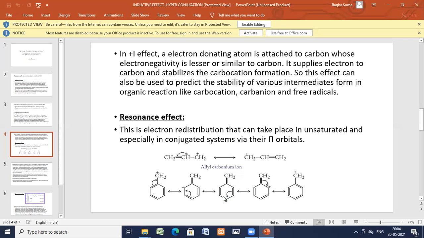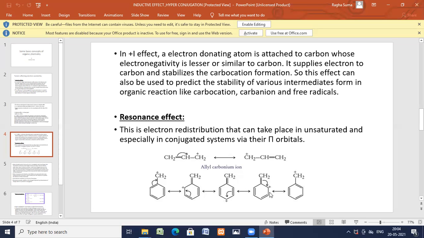Charge distribution gives the highest stability to the molecule. The greater the planar structure, the higher would be the resonance effect.